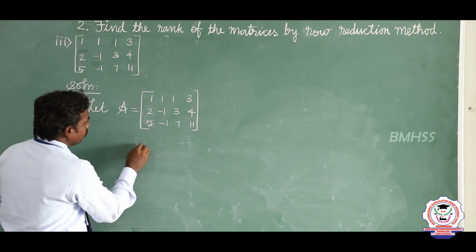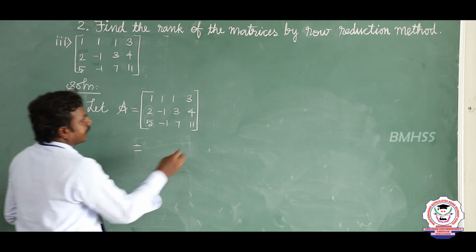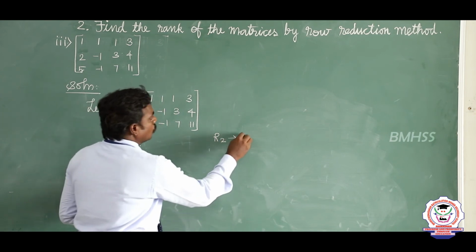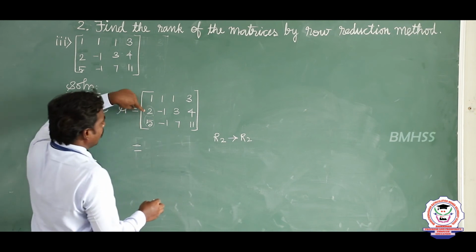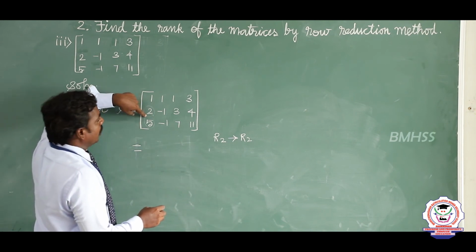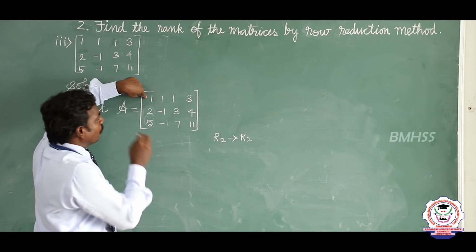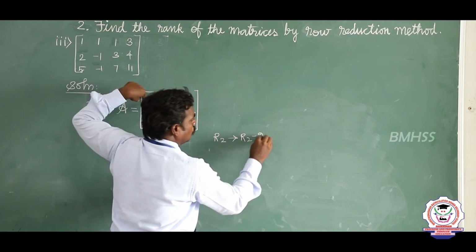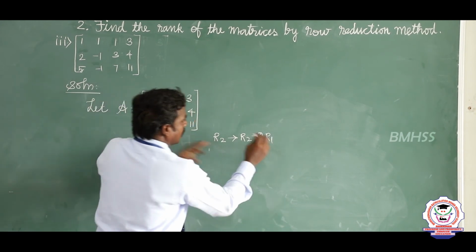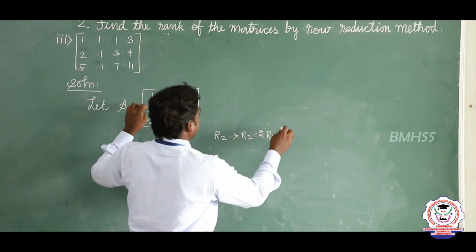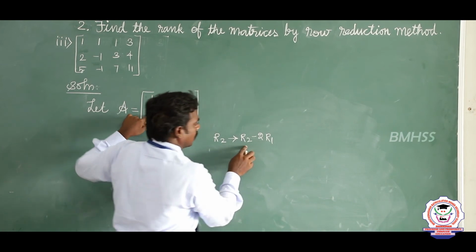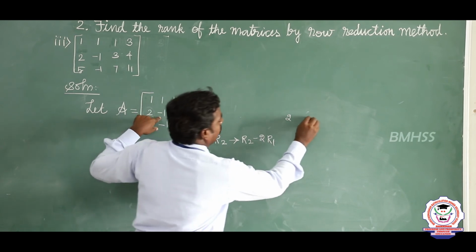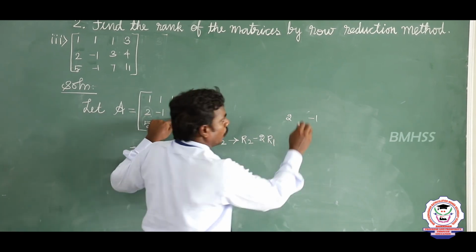In the second row I am going to make the change R2. In the R2 place, the first element is 2, and in the first row there is 1. So I am going to multiply the first row by 2: R2 minus 2R1. First we need to solve this. The second row elements are 2, minus 1, 3, 4.